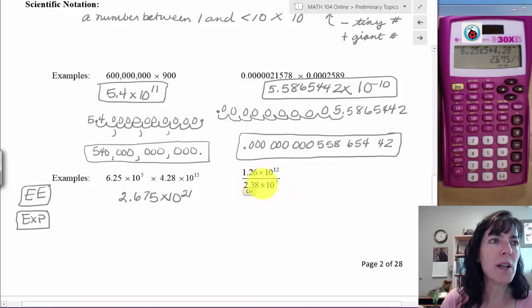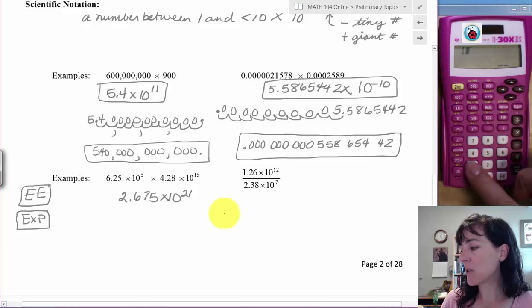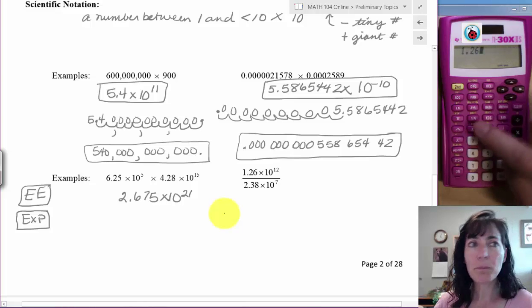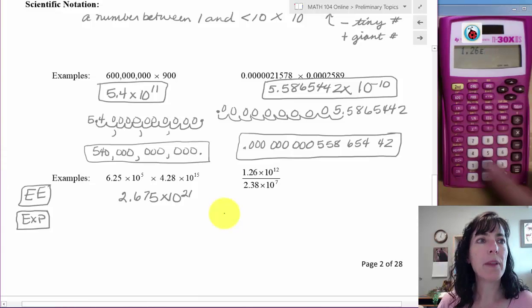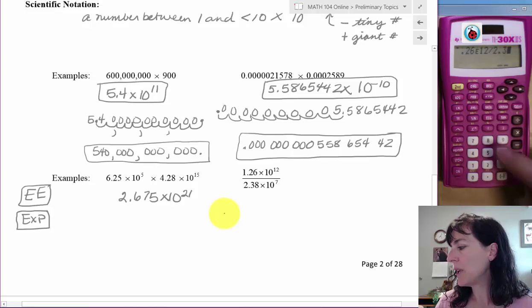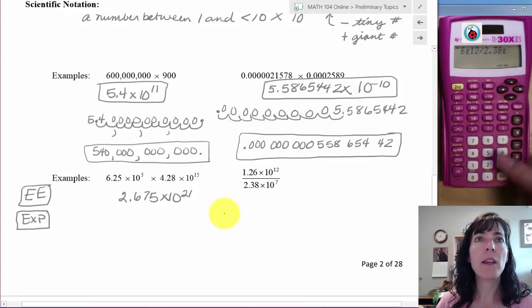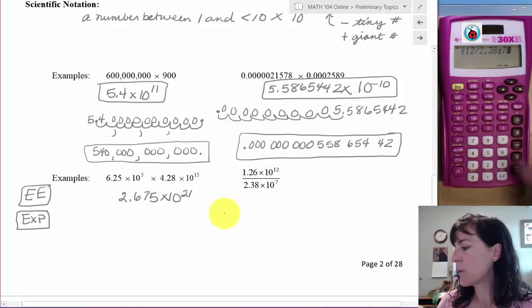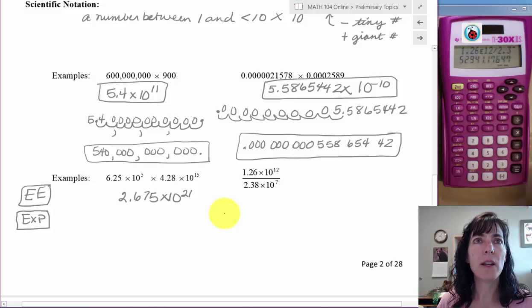For this one, I need to divide the two, and so same process. 1.26 EE 12, divided by 2.38 EE 7, and then I push enter.